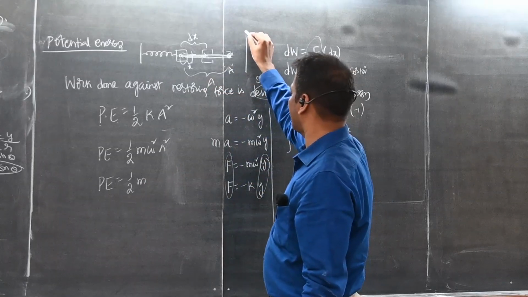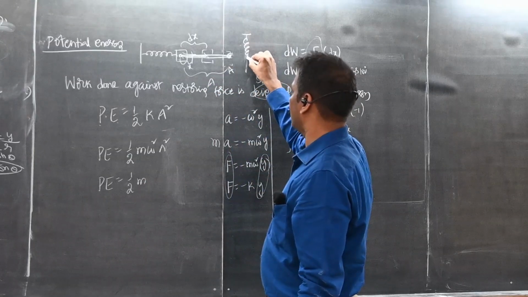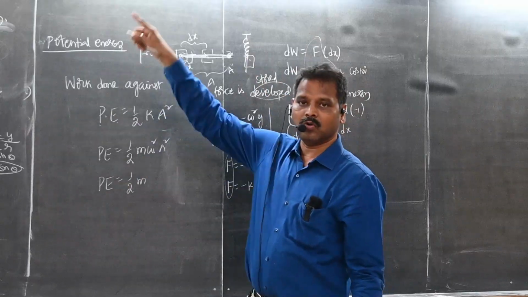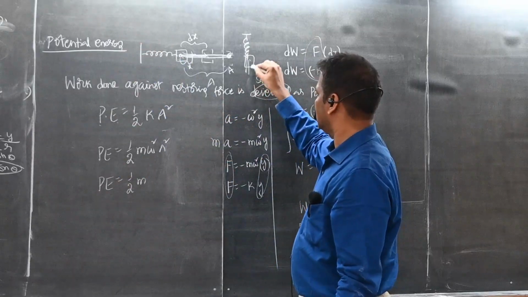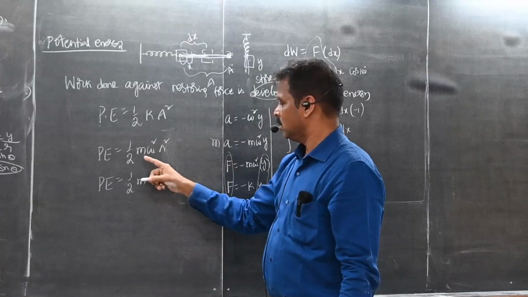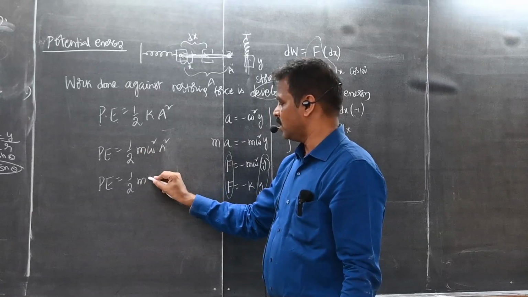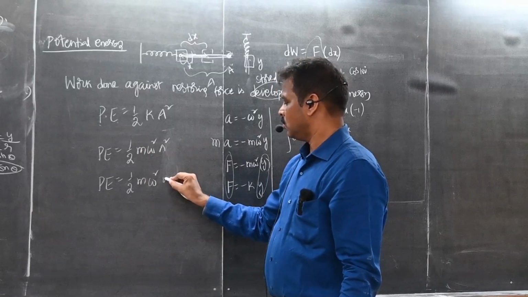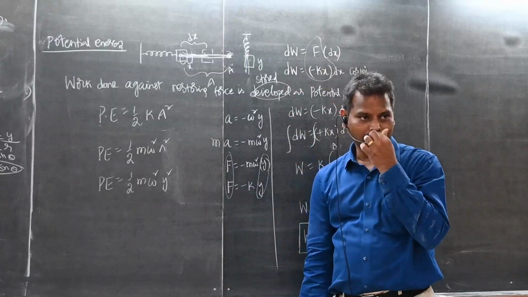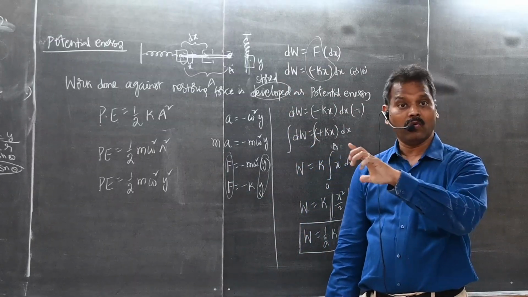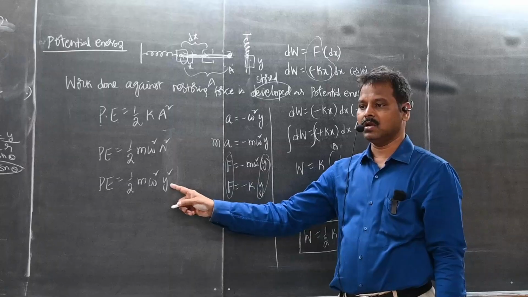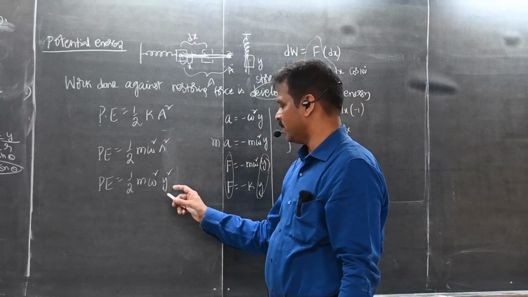Let me take motion along the y axis, because from morning onwards we are taking motion along the y axis only. So what will we get? Mass never changes, omega is a constant, so it is y square. y can be maximum up to a, but generally it is y.